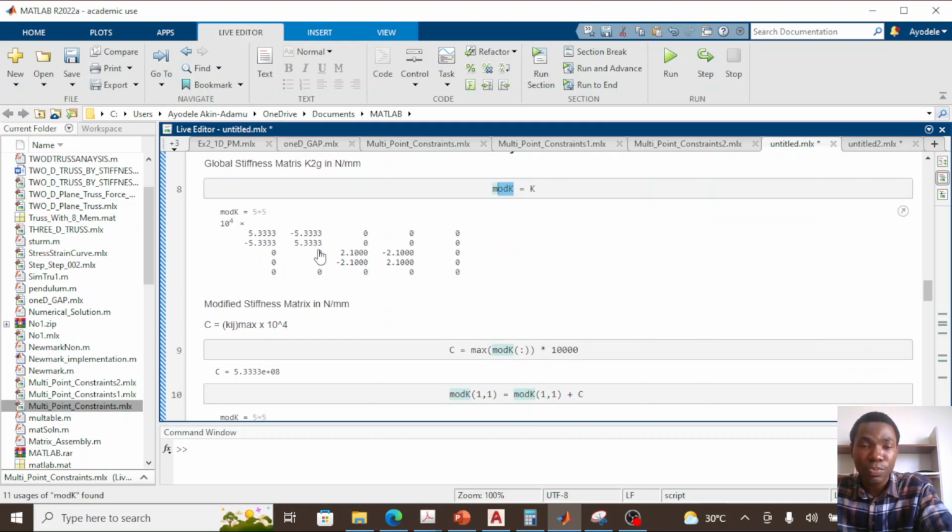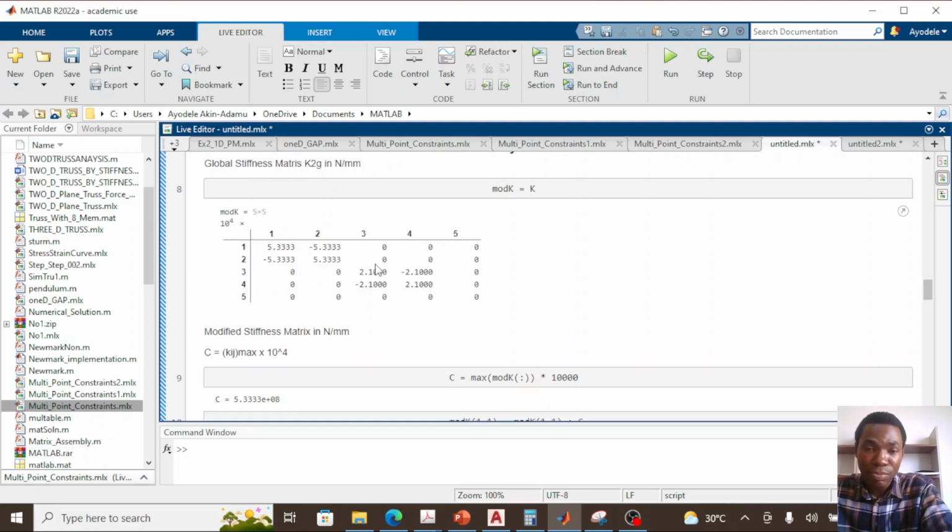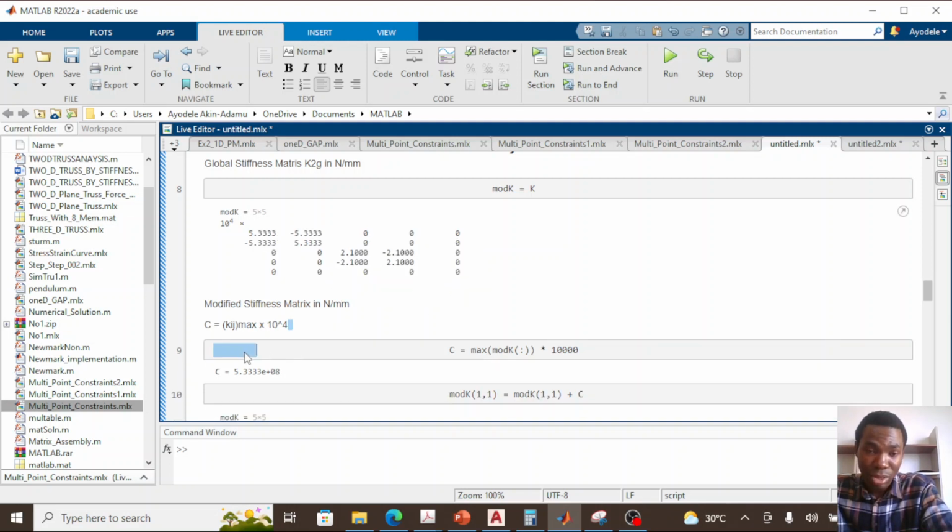So we need to define our large stiffness, which we will add to the global stiffness matrix. The large stiffness is given as the maximum value in this global stiffness matrix multiplied by 10,000.